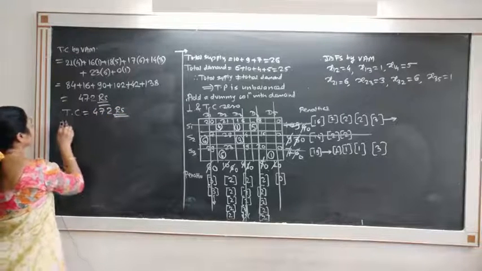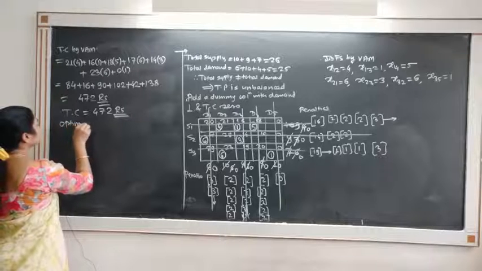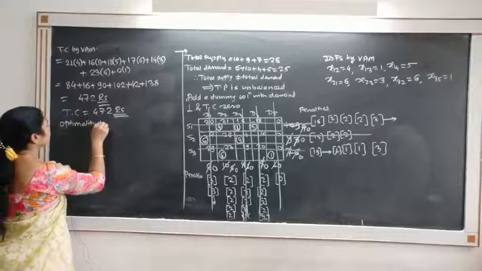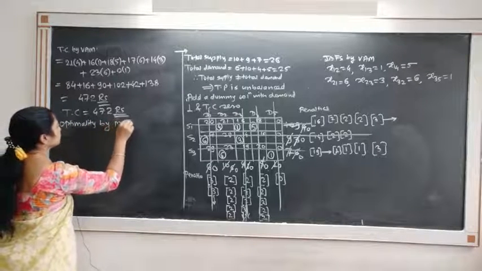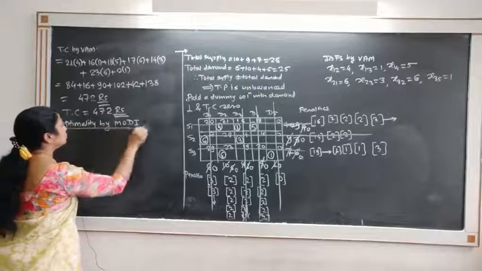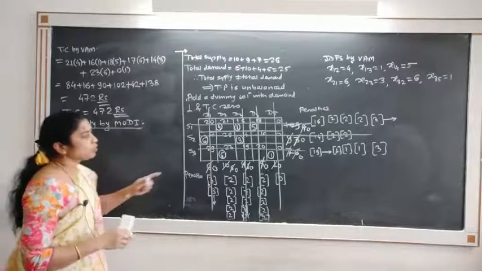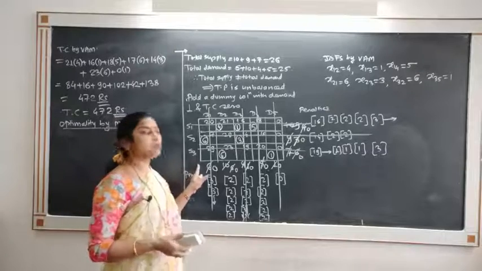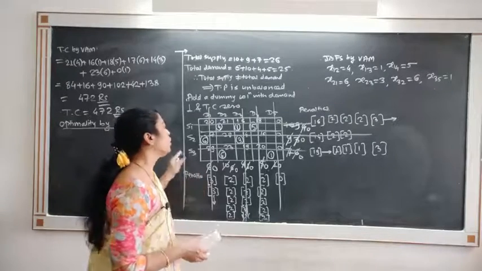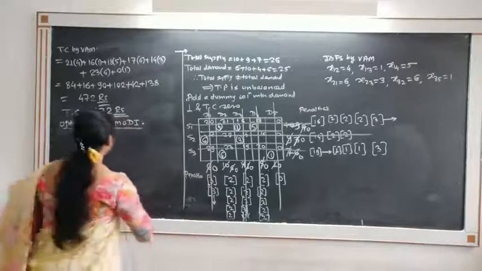Now to check optimality by MODI. We want to check whether this solution is optimal or not by MODI method. So we will write down the table.